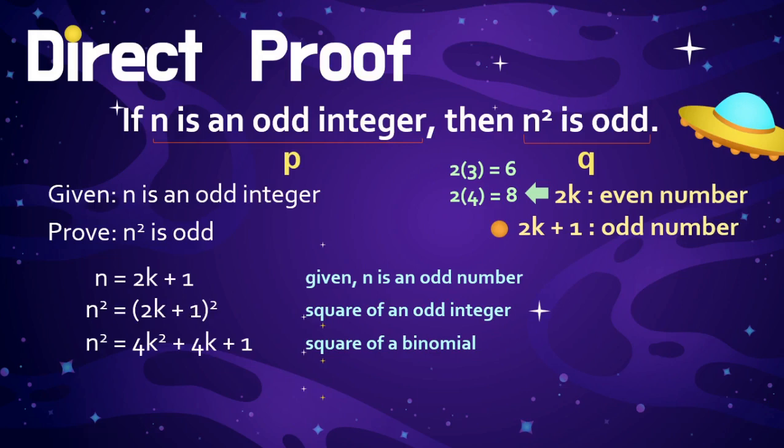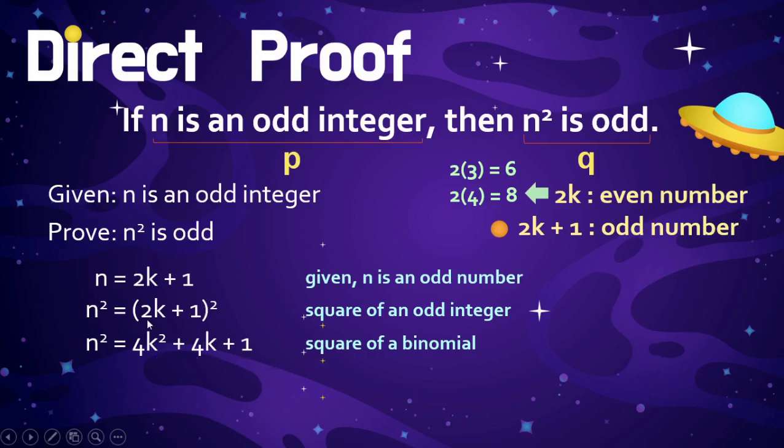Twice, so times 2, we will have 4k. And the last part is the square of the last term. Our last term is 1, so 1 squared, that is 1. Okay? So, again, ang reason natin dito is square of a binomial.